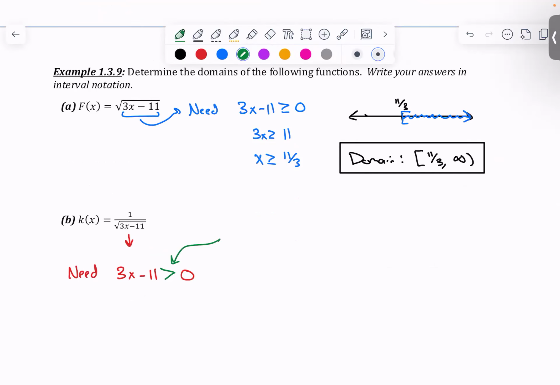It's because the denominator can't be 0. Yes, the square root of 0 does exist. It's 0. But if it's in the denominator, you'd be dividing by 0, and that's a big no-no. So there's no "or equal to," because if 3x minus 11 equals 0, we get 1 over the square root of 0, which is 1 over 0, which is undefined.